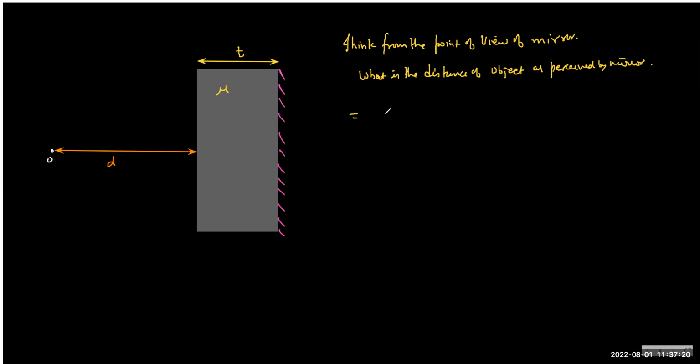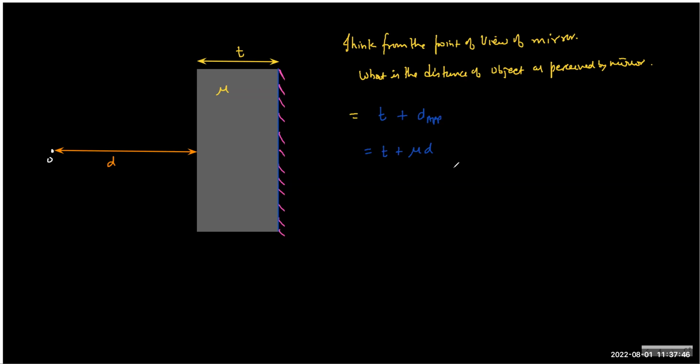No. The mirror is bounded by the medium called the slab. So the mirror is looking at the object through the slab, not directly, right? So you cannot see d. You will see t and you will see d apparent. And when you look from the denser medium towards the rarer medium, it appears farther.